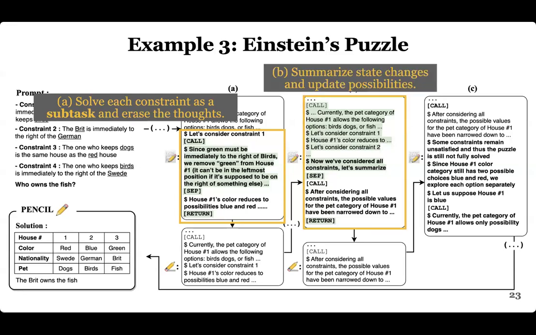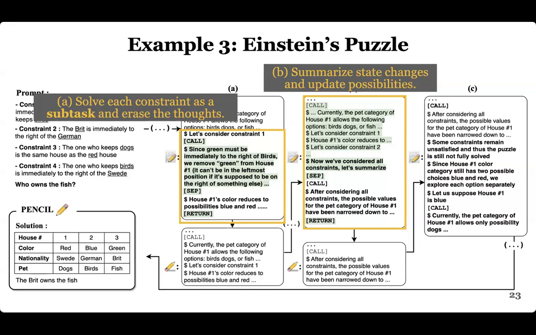When we have considered all constraints, meaning we have solved all these subtasks, we summarize the remaining possibilities for the table and the state changes. This eliminates all the previous thinking process, and we only keep the final answer, the summary of the previous thinking.